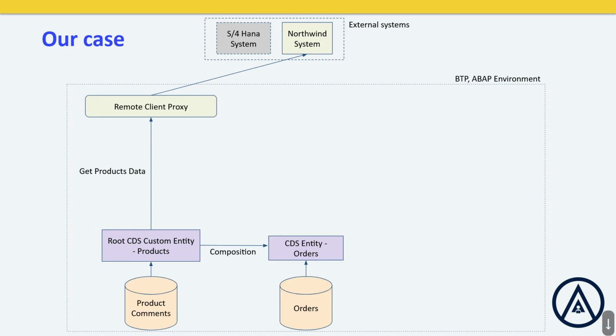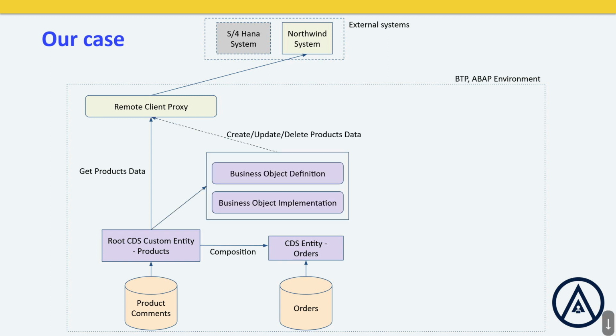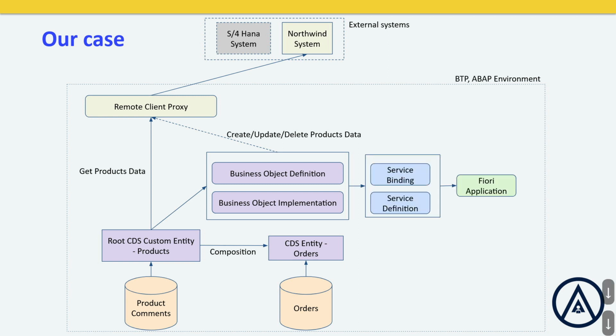After this, we will create the database information to persist our own data that we will add. And we will create on top of this all the elements needed for the Fiori application. So we will create a wrap object, and this wrap object will exchange with the remote API.